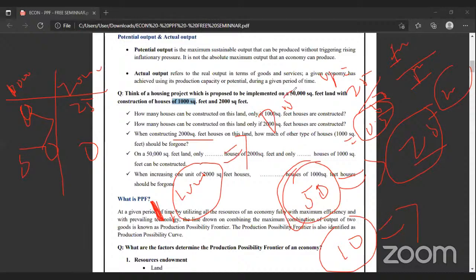So if they want to produce one house which will take 1,000 square feet, then they are sacrificing how many? 0.5. Then if they are producing 10 houses which will be utilizing 1,000 square feet each, then how many 2,000 square feet houses can be produced? Multiply by this. Then how many? Multiply, then how much should come? 25, right? Multiply.